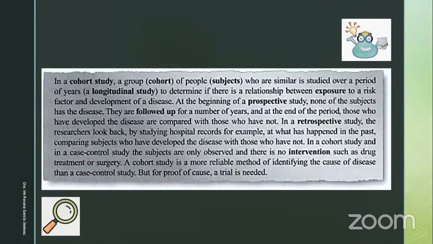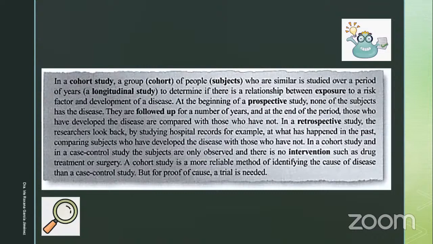Again, our chart. In a cohort study, a cohort of people, the subjects, who are similar is studied over a period of years. A longitudinal study to determine if there is a relationship between exposure to a risk factor and development of a disease.